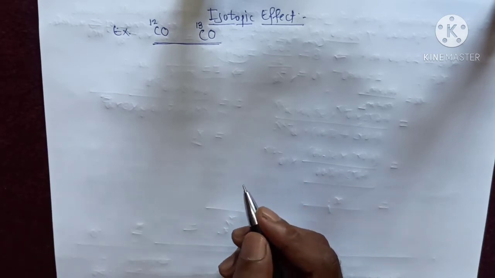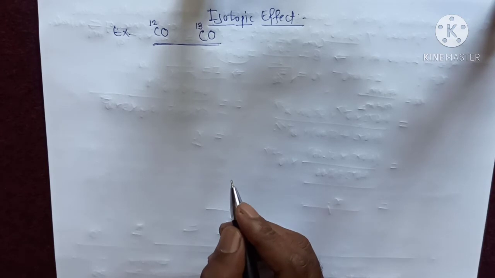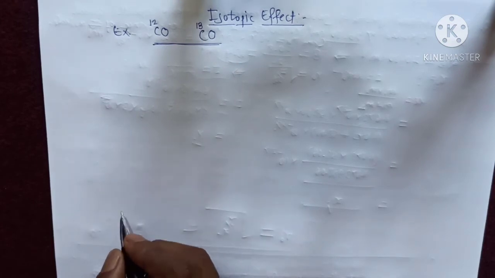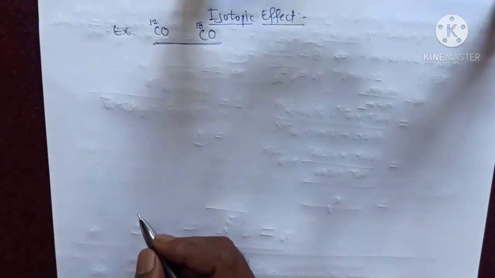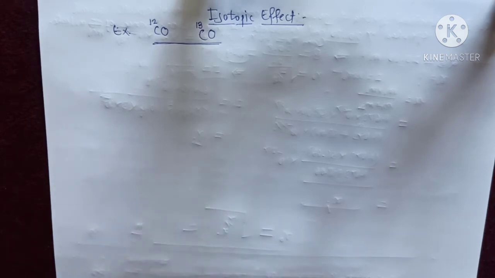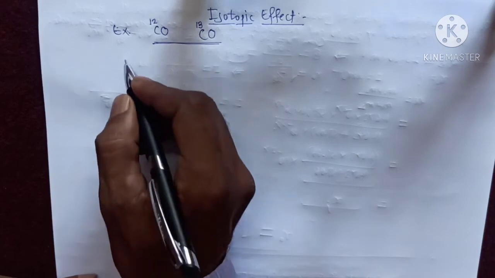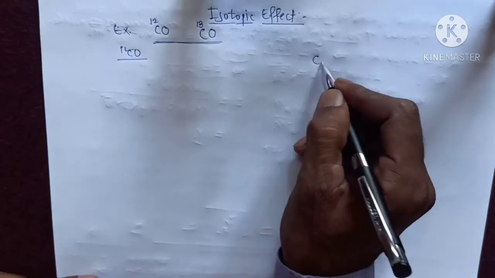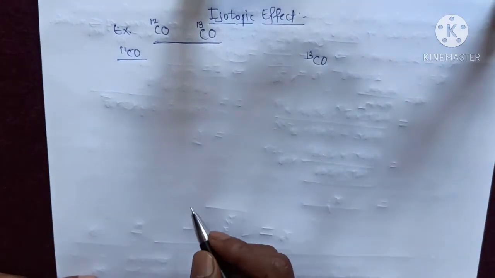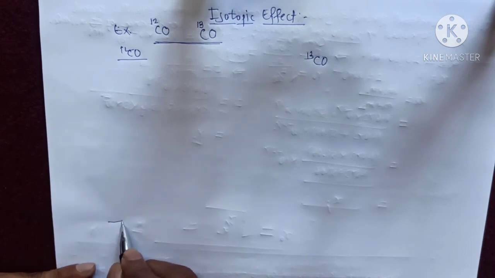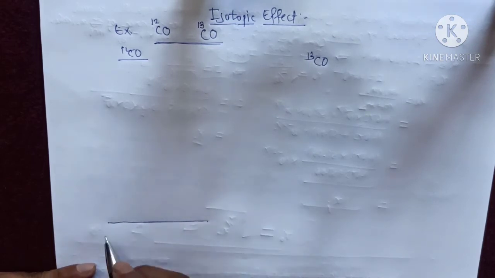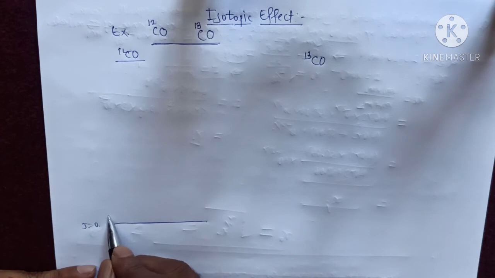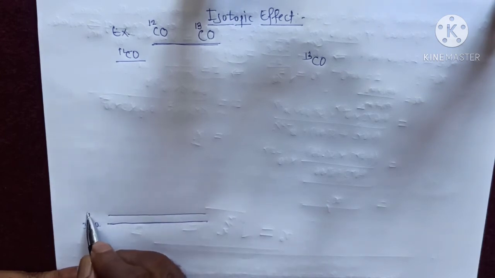Now if you consider the rotational spectra, or the energy values, of carbon 12 monoxide and carbon 13 monoxide molecules, what do we have? We see the energy levels in case of CO12 and then the energy levels in case of CO13. In case of carbon 12, we get the normal energy levels: for J equal to 0, the ground state, then a very close distance to J equal to 1.